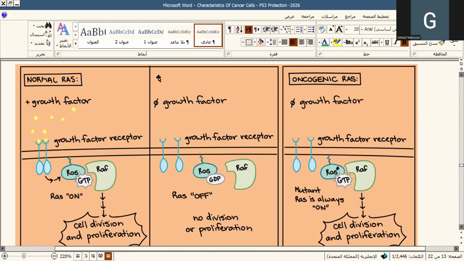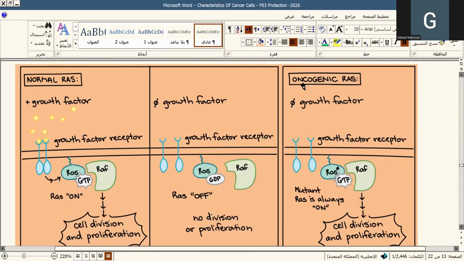But if there are no molecules of growth factor in the vicinity, then the receptors for growth factor will not receive their specific signaling molecule. So RAS is not activated, so it remains bonded to guanosine diphosphate, which is the inactive status of RAS, and therefore RAS stays in the off condition, and there is no cell division or proliferation. These two conditions I've just explained are the norm.